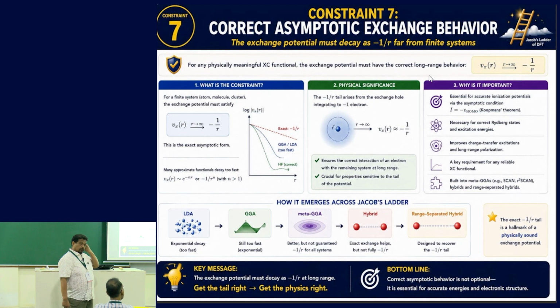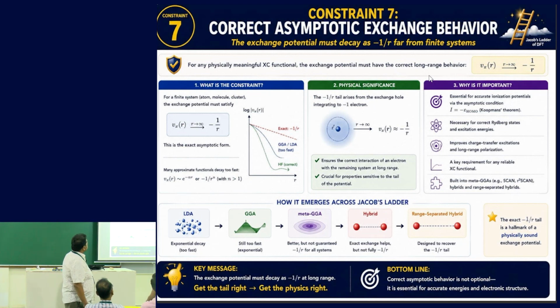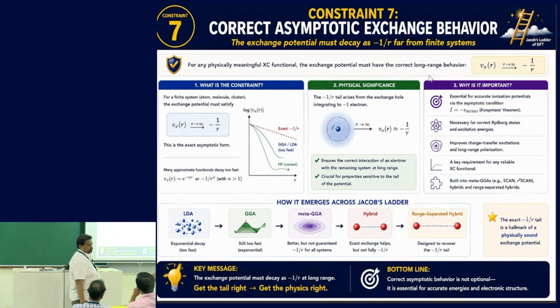I had a question about this first one. Essential for accurate ionization potential. This ionization energy is supposed to be the orbital energy. So is this the ionization energy that you are getting with the orbital relaxation of the system, the true ionization energy, or like Koopmans, just taking out the electron without relaxing? I think it's like Koopmans.